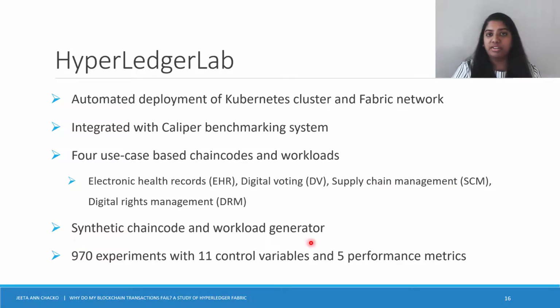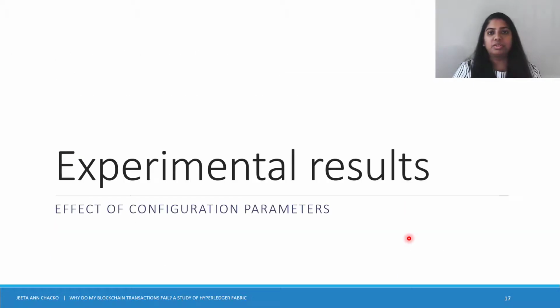We also have a generator for controlled experiments, which can generate a synthetic chaincode and workload. In total, we conducted 970 experiments with 11 different configuration parameters and measured 5 metrics, which are latency, throughput, and the 3 different failures. So here I'll show a few of the results from our paper.